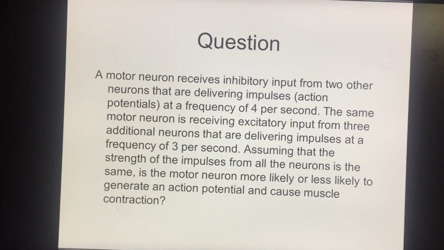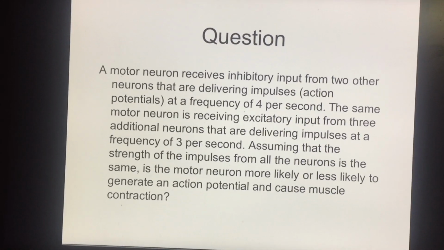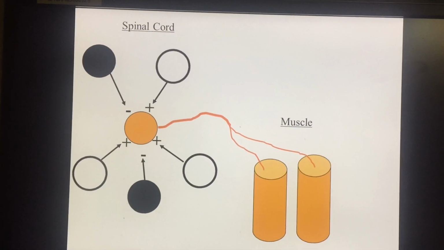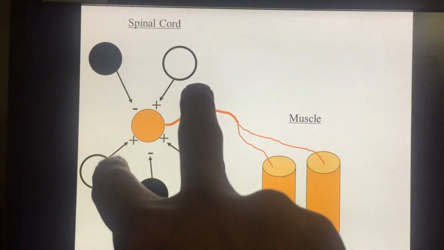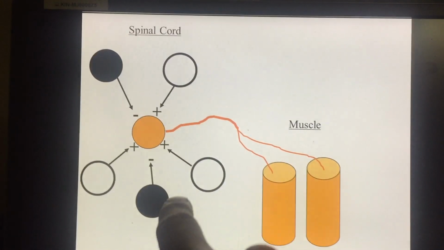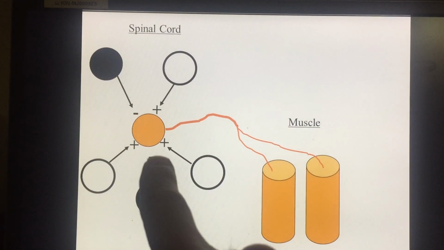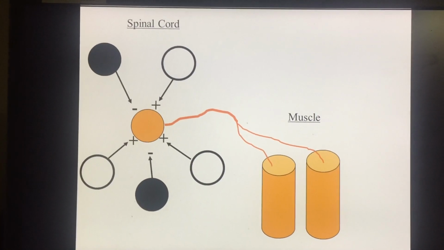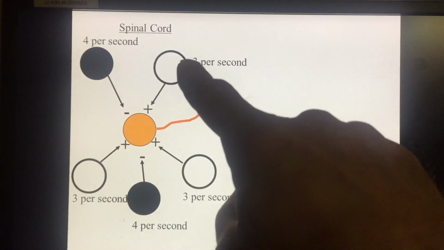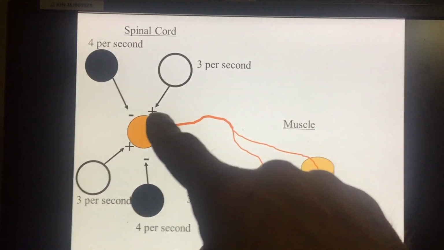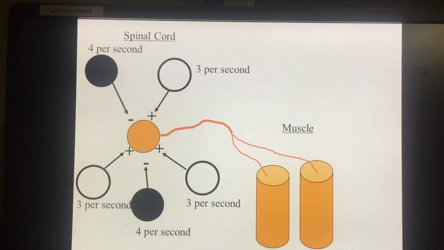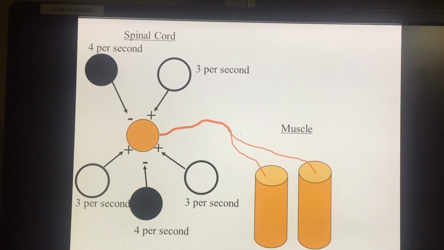It seems like a complicated question, but it's quite easy if you set it up with a diagram like this. You have your 3 neurons that are sending excitatory input to the motor neuron, and then you have 2 neurons that are sending inhibitory input to that motor neuron. The excitatory ones are sending input at a frequency of 3 per second, whereas the inhibitory ones are sending input at a frequency of 4 per second.